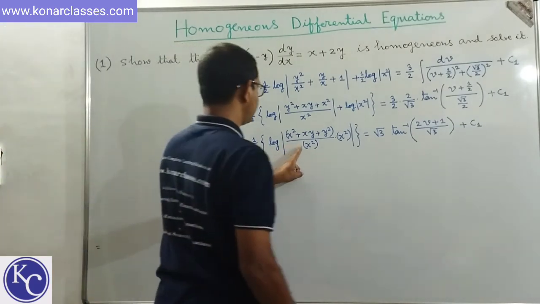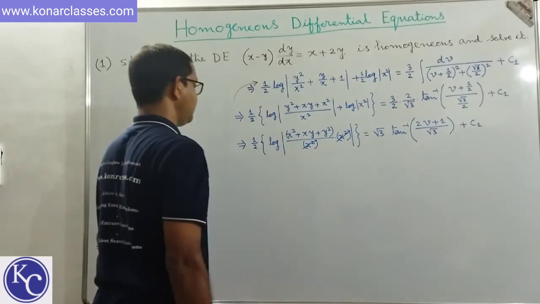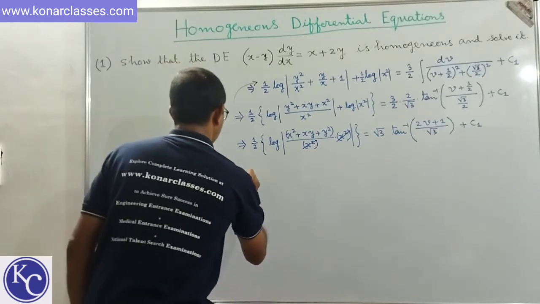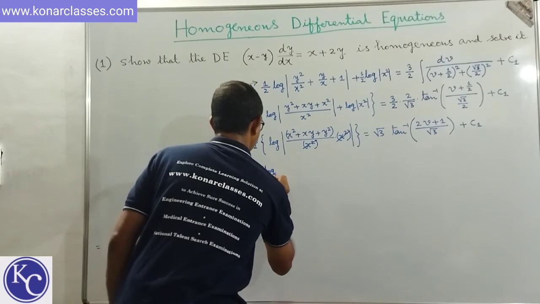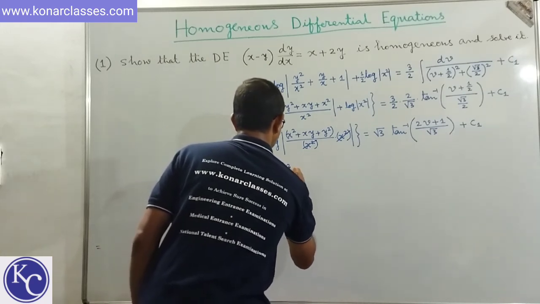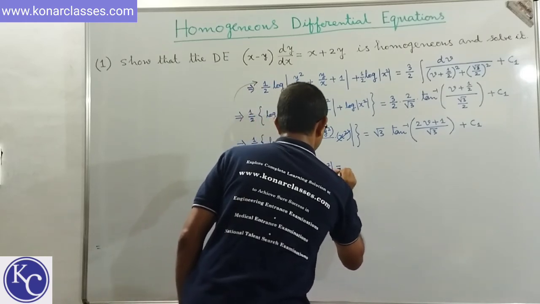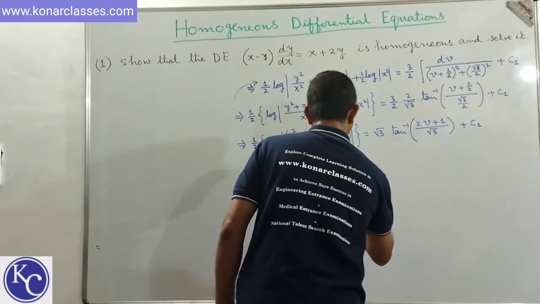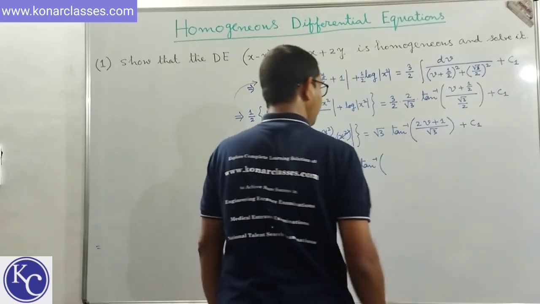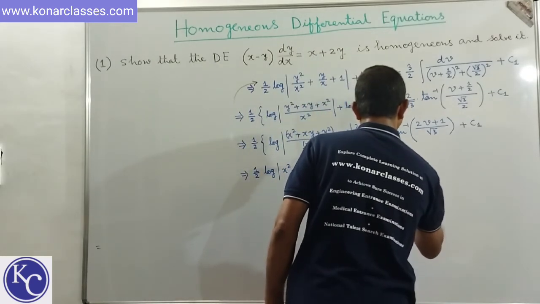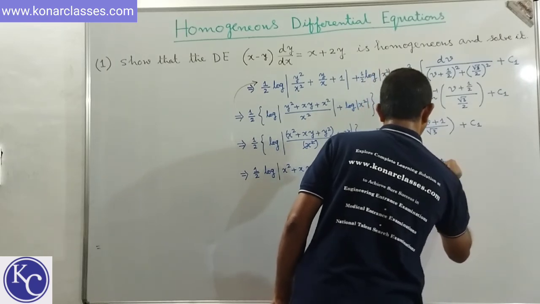That will become, dear students, this x square and x square get cancelled because x square cannot be equal to 0. So from here we get 1 by 2 into log of mod x square plus xy plus y square is equal to root 3 into tan inverse. What is the value of v? y by x. 2 into y by x plus 1 divided by root 3, plus c1.